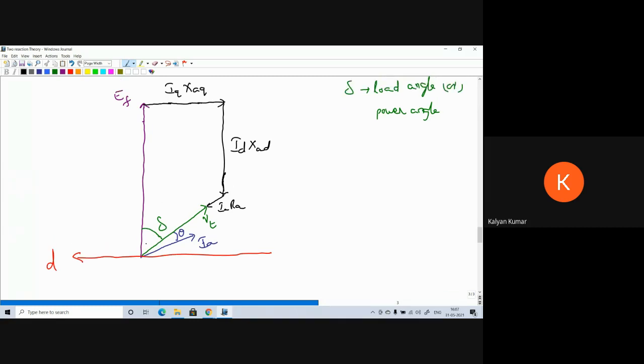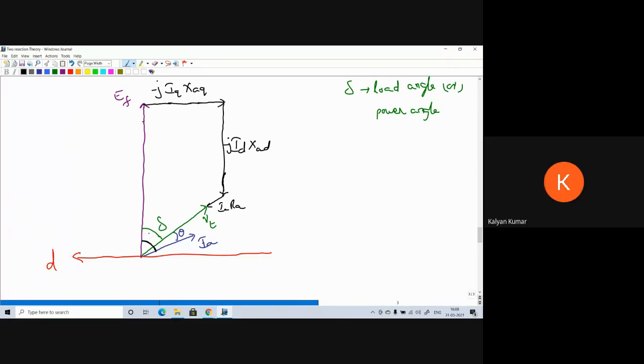Now, what is the angle between EF and IA? Delta plus theta, sir.